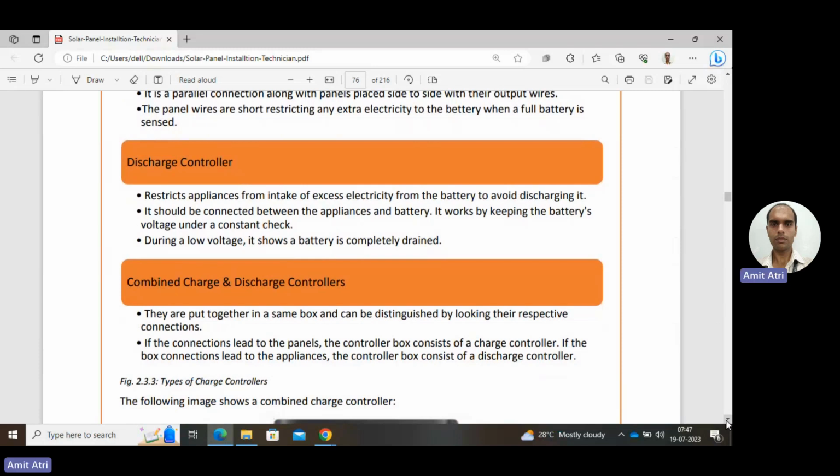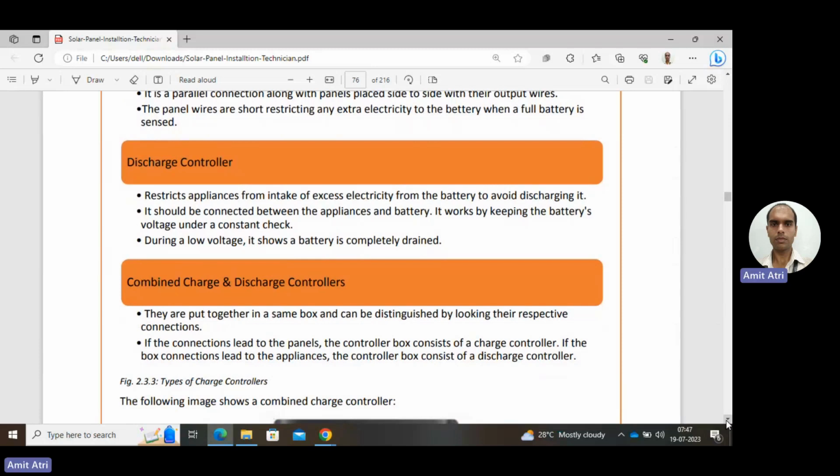It works by keeping the battery's voltage under constant check, because the voltage starts decreasing when the discharge, the amount of charge which can be taken from the battery, is totally taken off. It means the battery is about to exhaust, totally drained, or totally discharged.